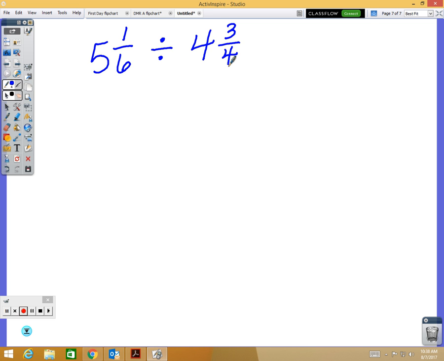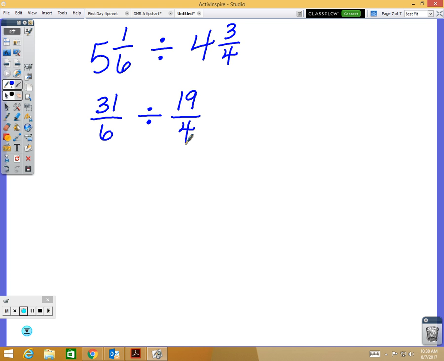What would 5 1/6 be as an improper fraction? Anyone? Yes? 31/6 divided by, what would 4 3/4 be? 19/4, very good.